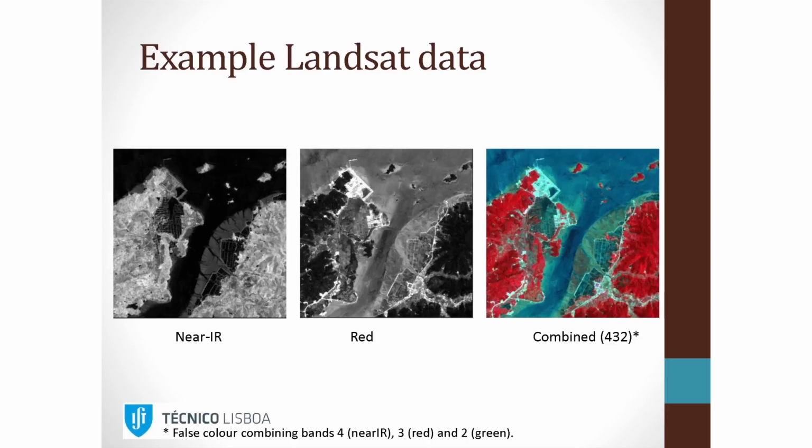And this is a combination of red, near infrared, and green. So it's what we call a false color composite. It's not a true color, because we only see with our eyes the blue, the green, and the red. Okay, that's all our eyes can see. But we can do this false color composite using other ranges of the electromagnetic spectrum.